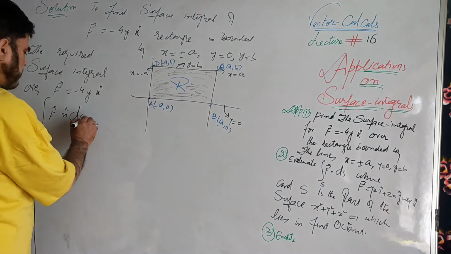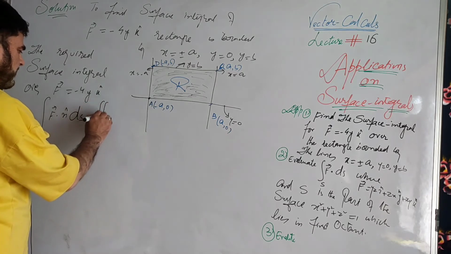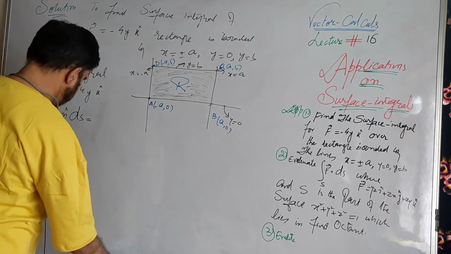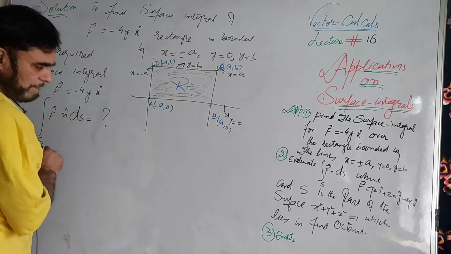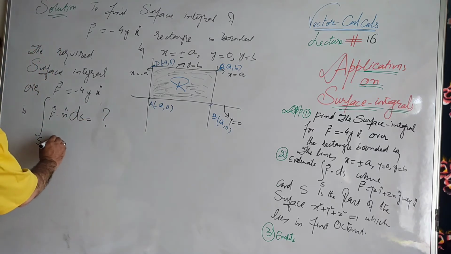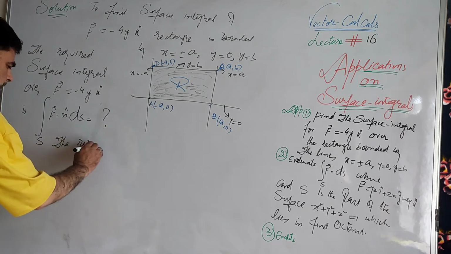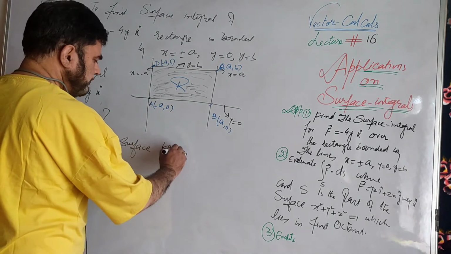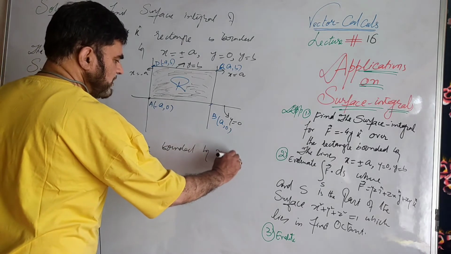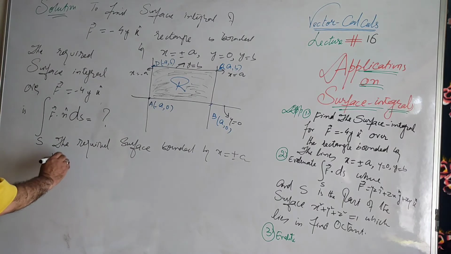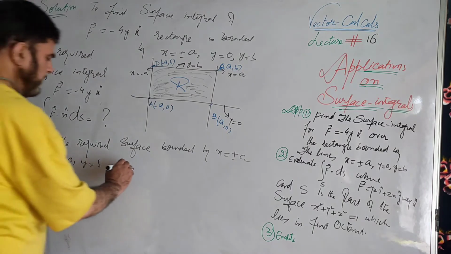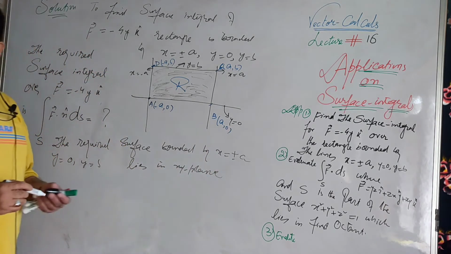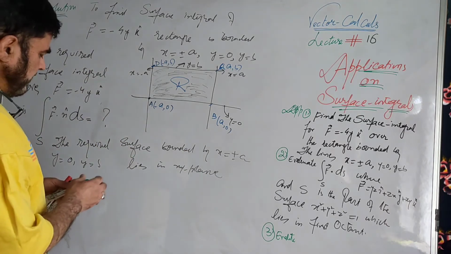We have to find this. The required surface, which is bounded by x equal to plus minus a, y equal to 0, y equal to b, lies purely in the xy plane.